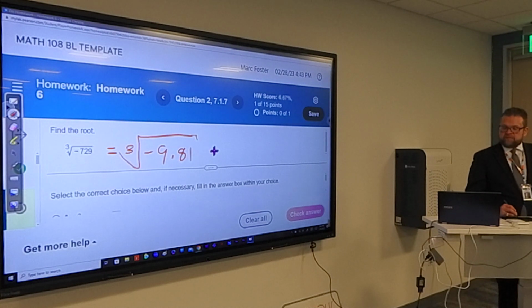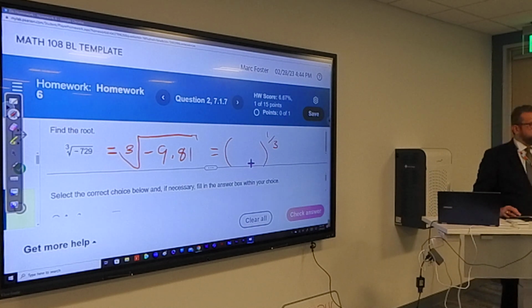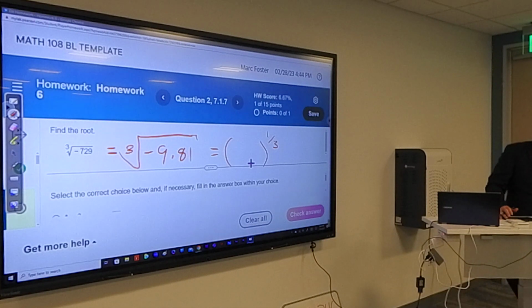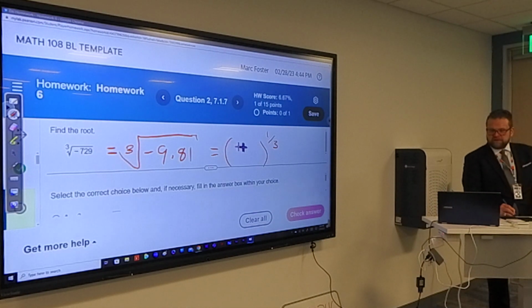Maybe I'll employ some of that notation with the exponent. So it's really to the 1/3 power. And 81 is 9 squared. So I'm going to have 3 9s inside these parentheses.